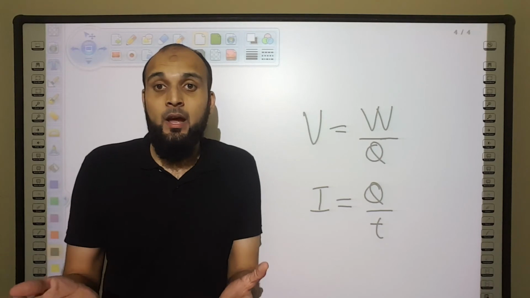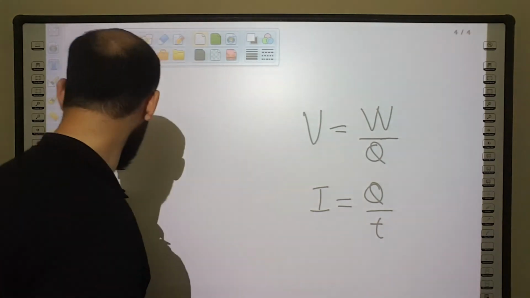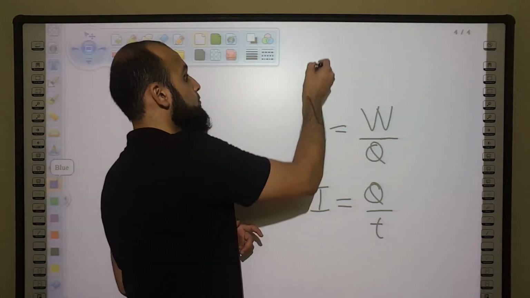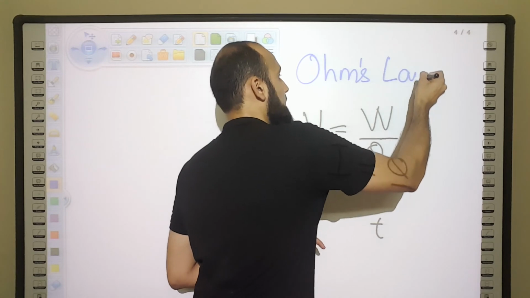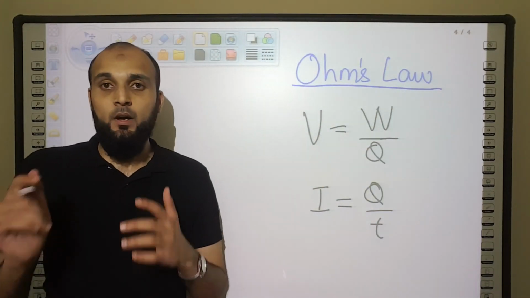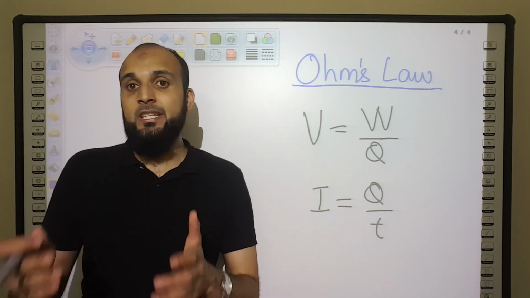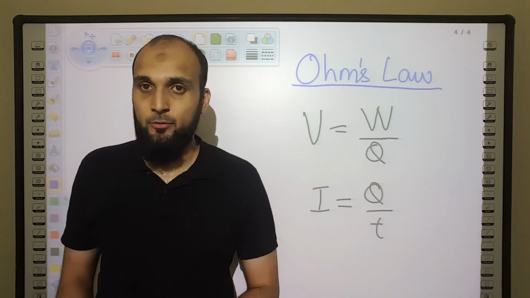Well, you'd be right in thinking that way, because that has something to do with Ohm's law, which we're going to study in the coming videos. But hold your horses, there's something we need to discuss first: resistance, which is coming in the following video.